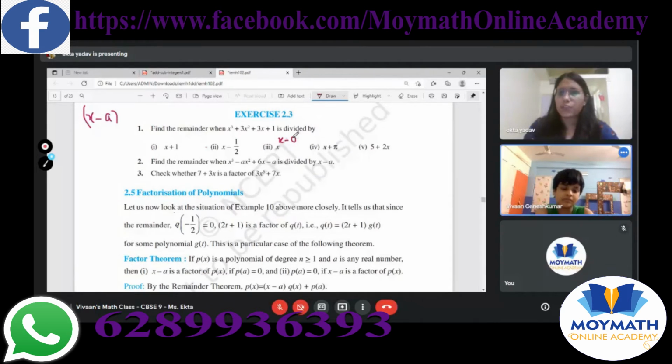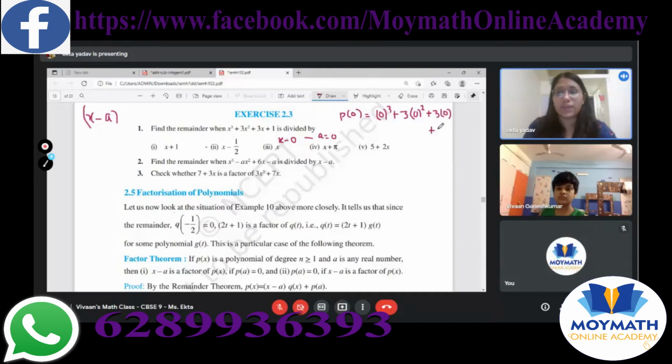So here my a is 0, so I need to find p(a), which is p(0). So I will write 0 to the power 3, plus 3 into 0 to the power 2, plus 3 into 0, plus 1.